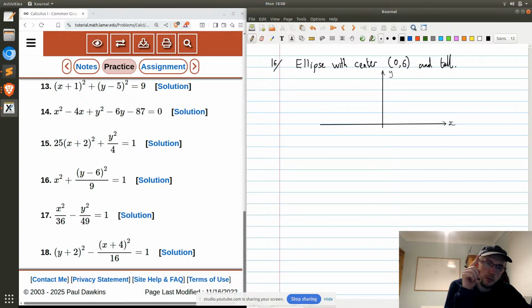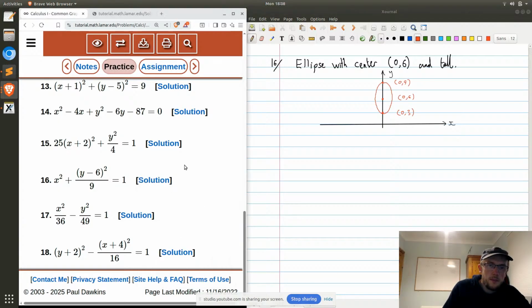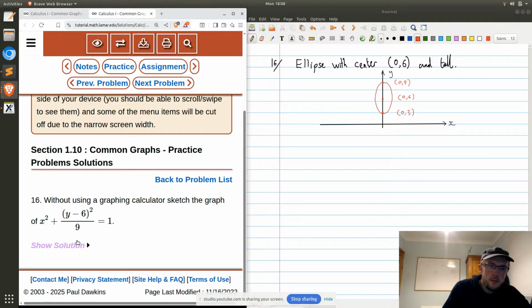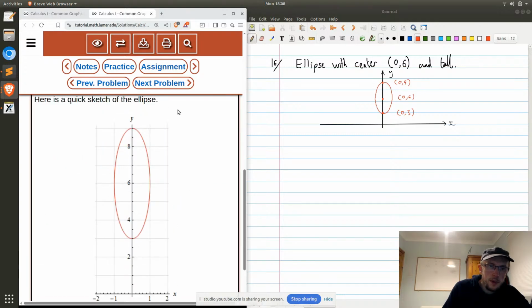So it'll be 6 plus or minus 3, I remember. But we can also think through it logically, not just using memory. Yes.